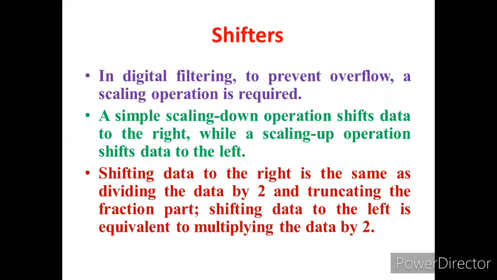If we shift the data to the right, it performs division, and if we shift to the left, it performs multiplication. Shifting the data to the right is the same as dividing the data by 2 and truncating the fraction part. Shifting to the left is equivalent to multiplying the data by 2.